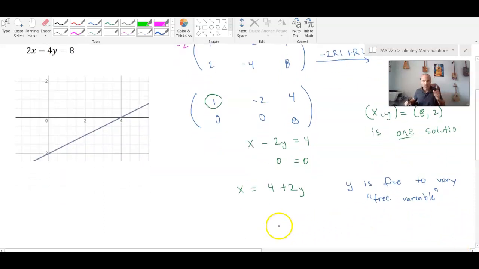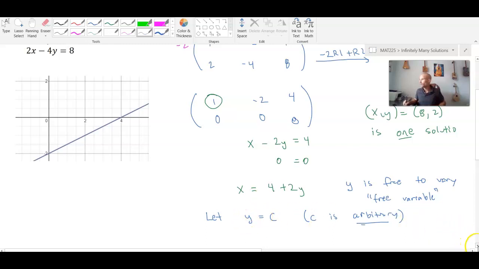So, as in the previous video, as long as we pick a value for y, we say let y be some fixed value. Let's call that, it could be c, or it could be s, or it could be any other letter that's not in use already. So I'm going to choose y equals c. So remember, c is just some arbitrary number. It could be any number, and that's what we mean by arbitrary, it could be any.